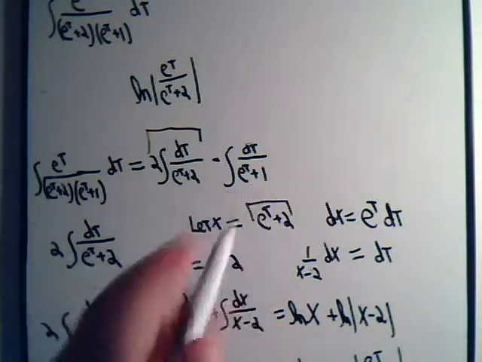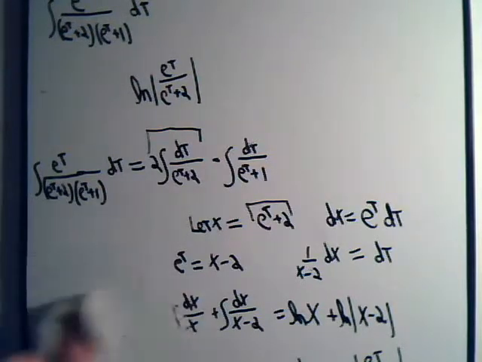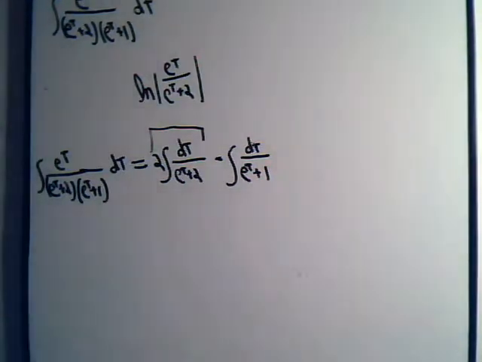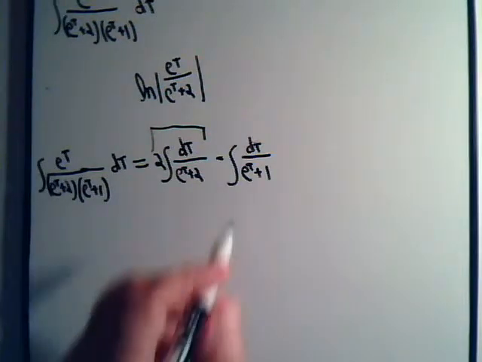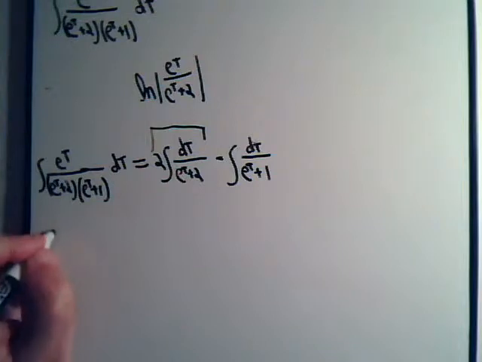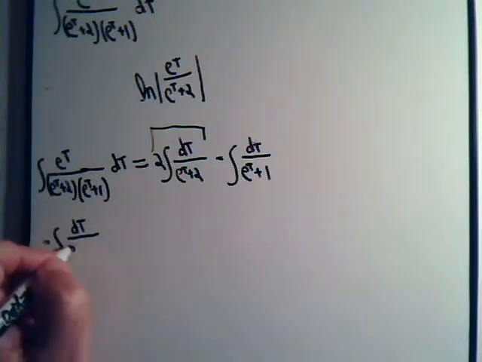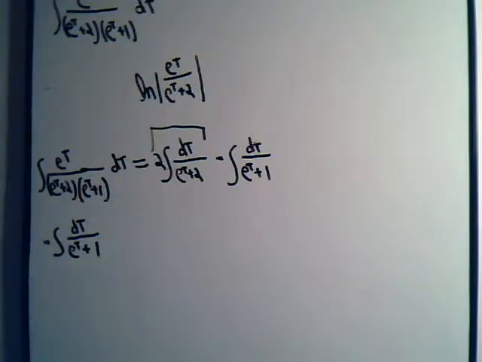Now we have to solve this integral. So let's make some more room. And it looks like it's going to be the same story as when we dealt with this integral. Here we have minus the integral of dt divided by e to the t plus 1.